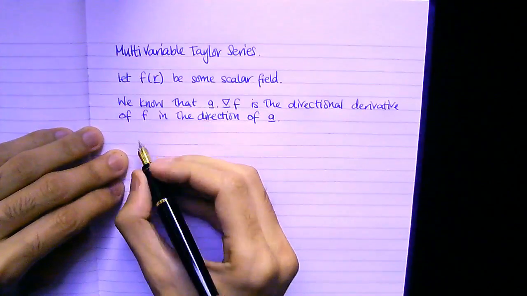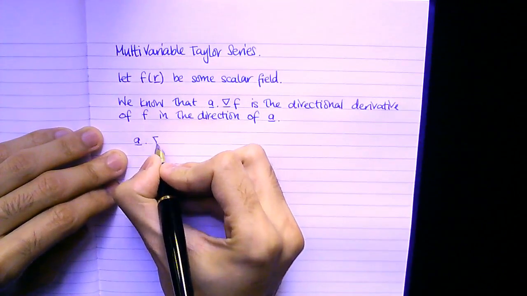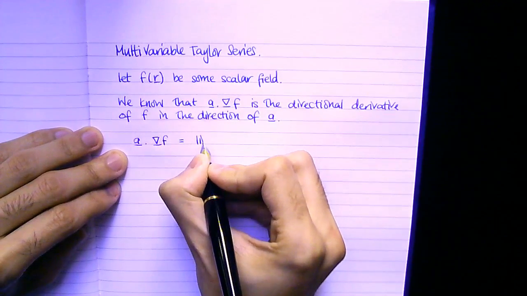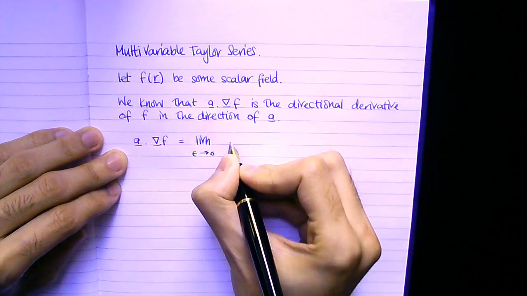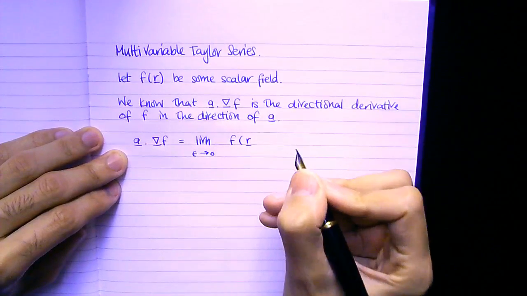So I'll rewrite this as the following. This is the limit as epsilon goes to 0 of f, starting at some general point.